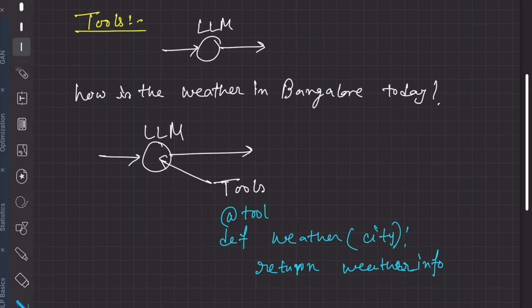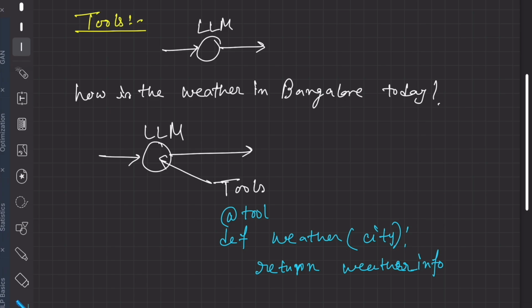We can use some inbuilt tools as well. When we bind a tool with the LLM, the LLM can decide whether to call the tool or not based on the question. For this question, how is the weather in Bangalore, it doesn't have the context, so it decides that yes, we have to call the tool.